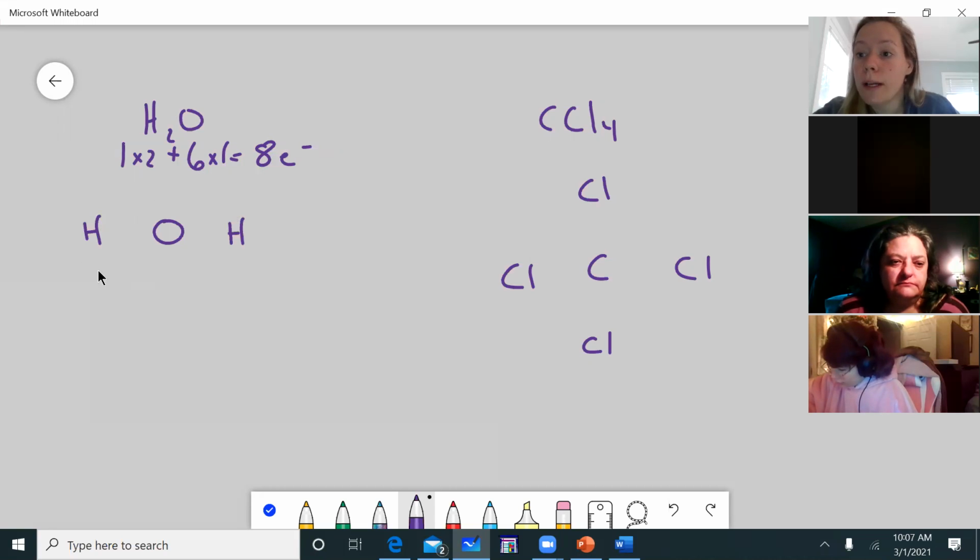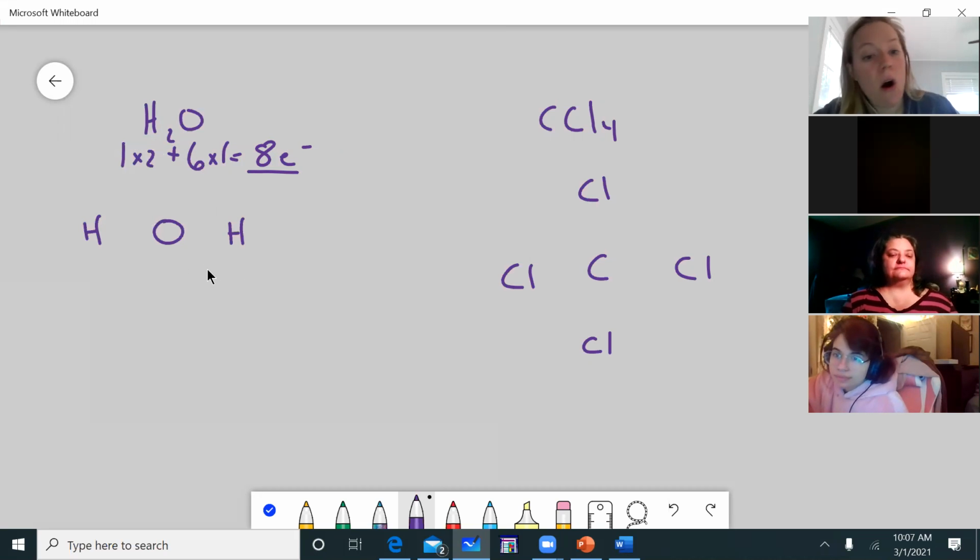So when I do my structure, I have to have 8 electrons. Don't get confused on how many electrons are being brought and how many electrons they want. The number of electrons they bring to the table is based off of the column they're in. How many electrons do they want? They always want 2 or 8. The hydrogens want 2, everything else wants 8, or an octet.